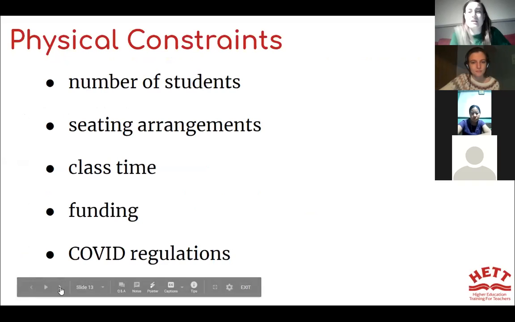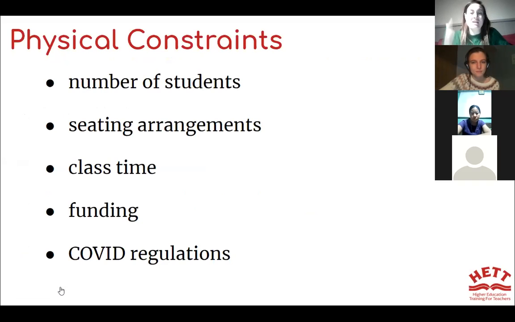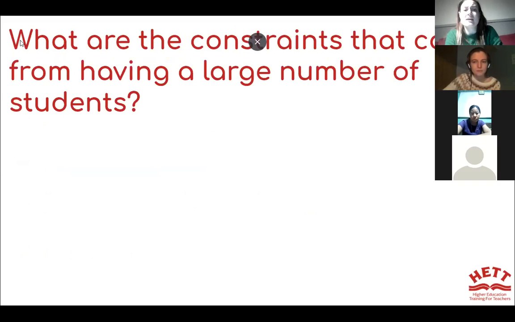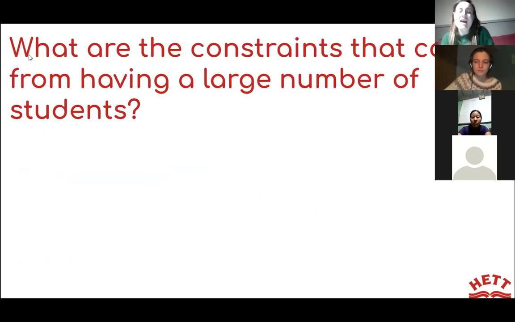So as mentioned, we're going to look again at number of students, seating arrangements, class time, funding, COVID-19 regulations. Okay, what are some constraints that come from having a large number of students? So if you have a large number of students, how does that limit you?